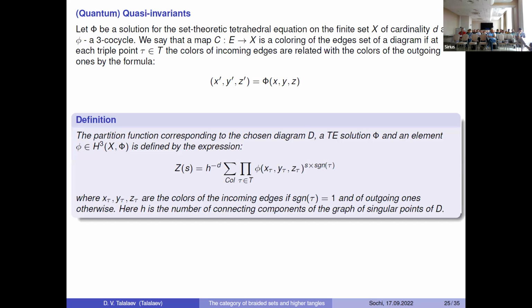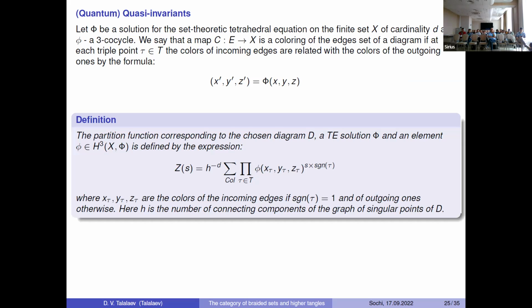Principally, it is given by a partition function of the same flavor. But here, the coloring is a coloring of the edges of the graph of singular points of a diagram of a 2-knot. So in the construction of Carter and Saito, the coloring was by elements of a quandle on the two-dimensional leaves of this diagram.